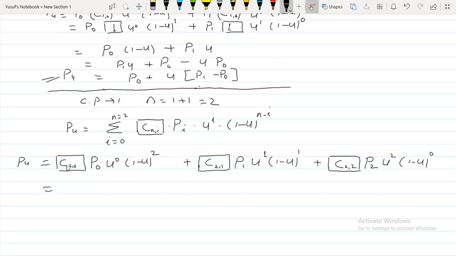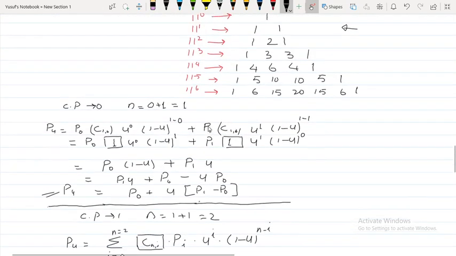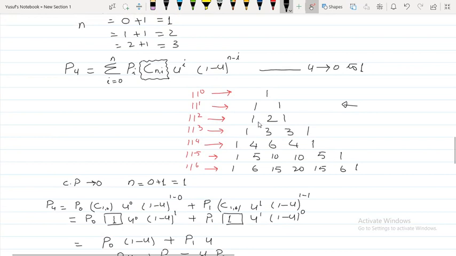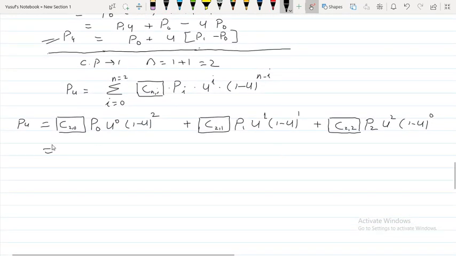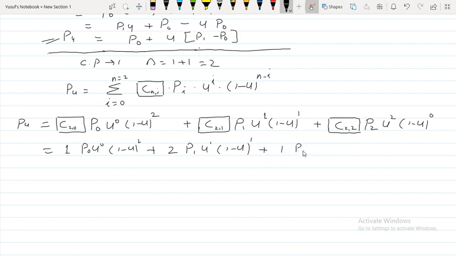So constant we can write for value of n is 2. N is 2: 1, 2, 1. So first time constant will be 1, P0, U raised to 0, 1 minus U squared. Then next time constant value will be 2, P1, U raised to 1, 1 minus U raised to 1, plus next time constant value is 1, P2, U squared, 1 minus U raised to 0.